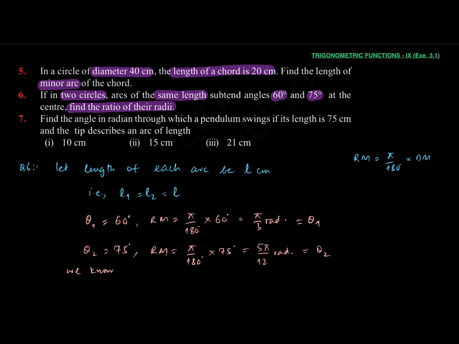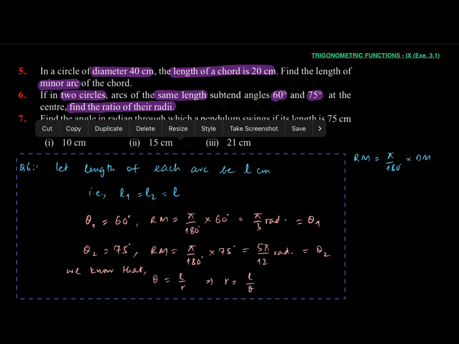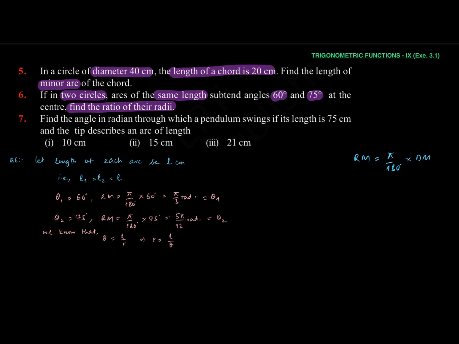Now we know that theta is equal to L over R. In terms of R, this will be equal to L over theta. So now ratio of radii will be equal to R1 is to R2, that is same as R1 over R2.